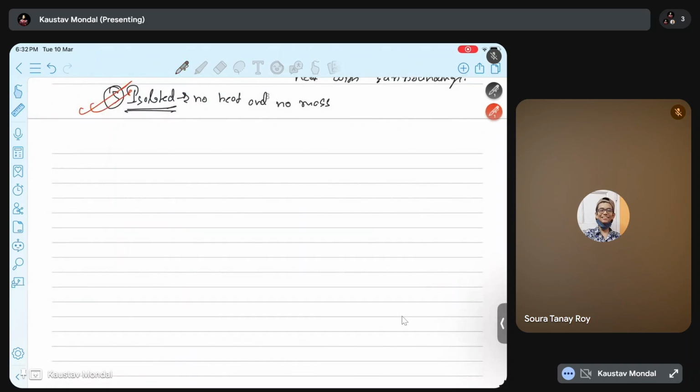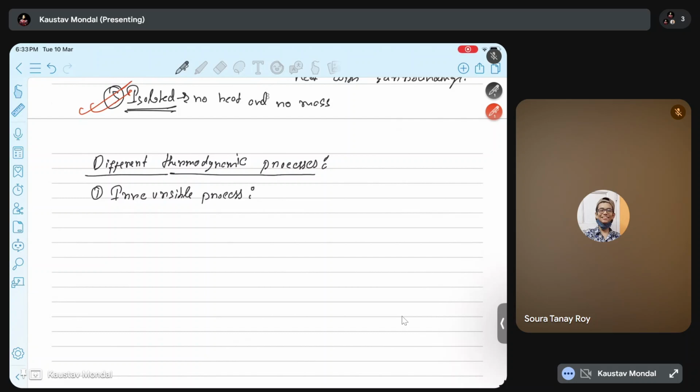Thermodynamic processes: one is the irreversible process. Irreversible process is basically any kind of real life process.